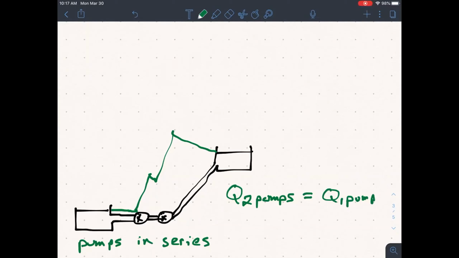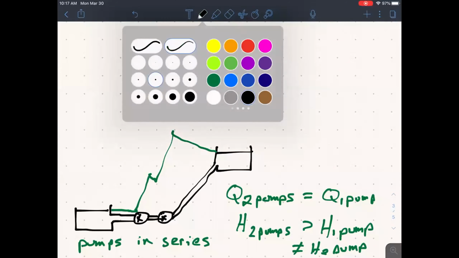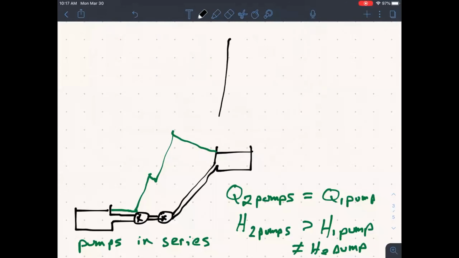But the head provided by two pumps is going to be greater than the head of one pump, but it's not quite going to be equal to the head of two pumps. And that's under operating conditions. So let's look at that on a pump curve.